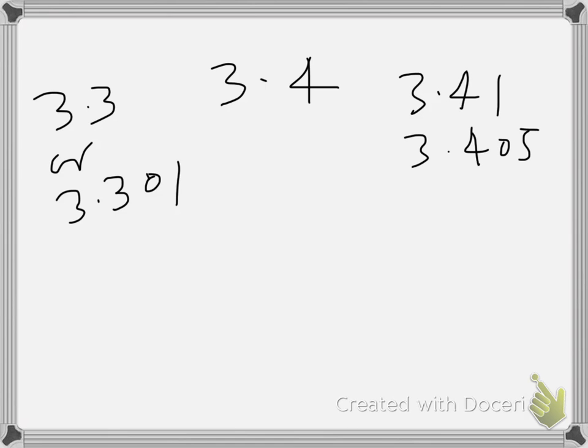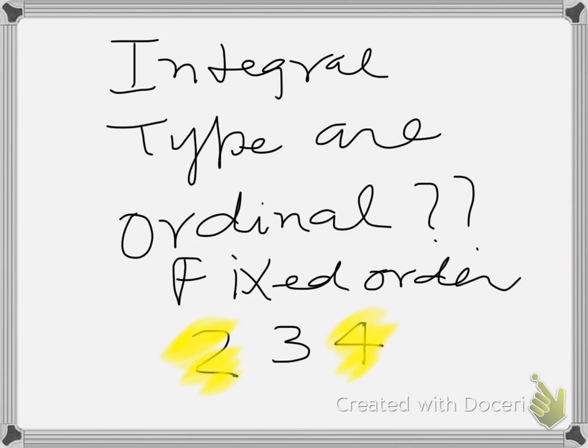So there is no uniqueness in floating point numbers as far as their predecessor or successor is concerned. So floating point numbers are not ordinal. Integer types are ordinal. Okay? Very important. This is a very important fact in computer science, actually.